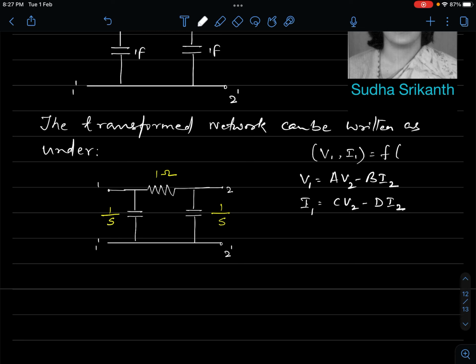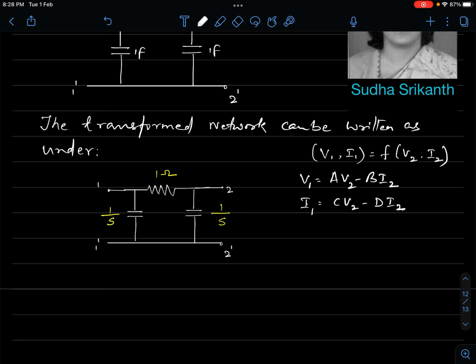They are expressed as a function of V2 and I2. In other words, the input port parameters are expressed as a function of output port parameters. So we know these equations.